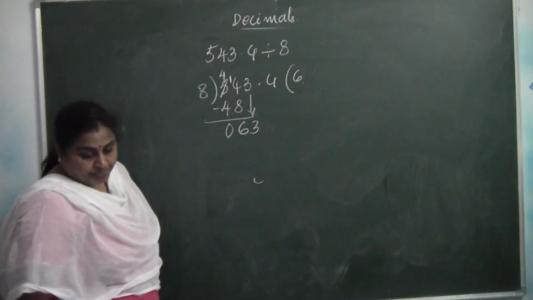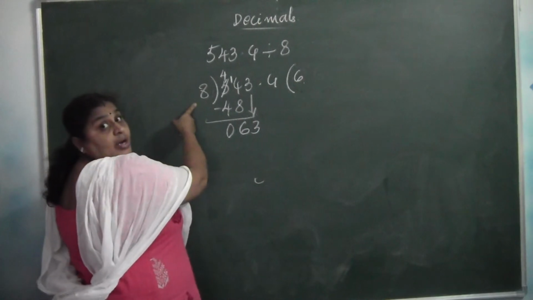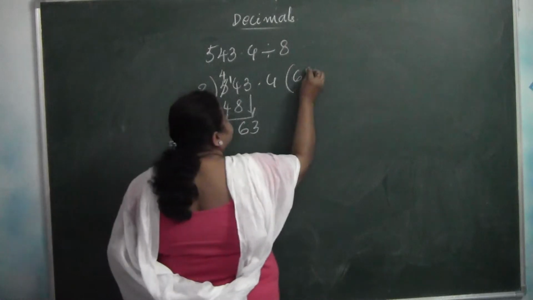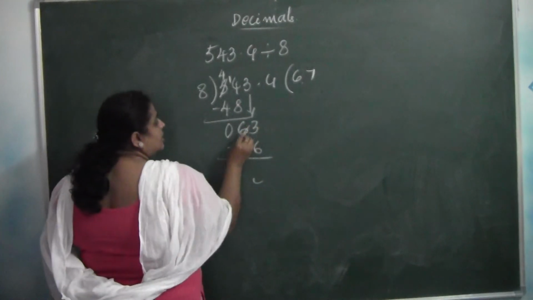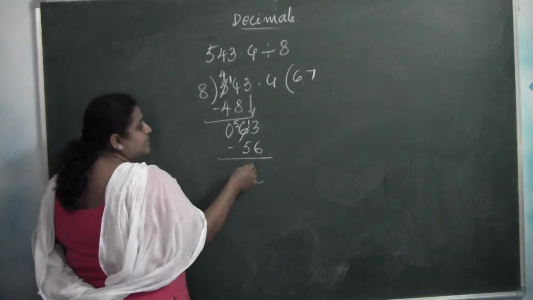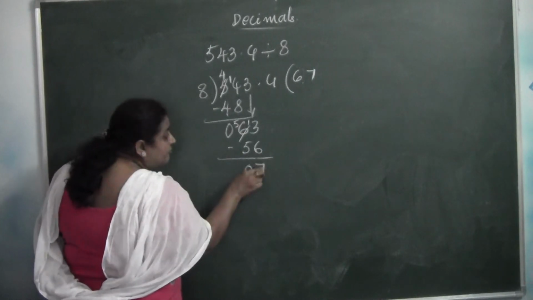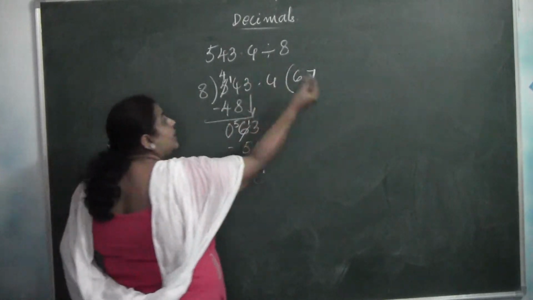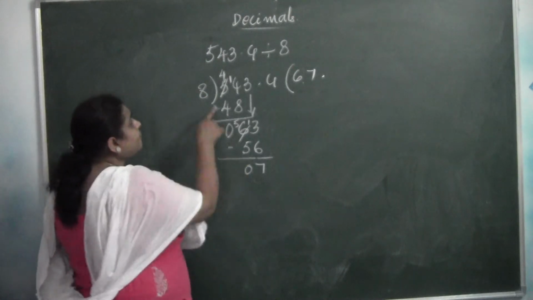Alright, next again, we are taking a borrow and then subtracting 13 minus 6, 7, 5 minus 5, 0. Then after this we have a decimal point. So what are we supposed to do? Immediately place the decimal point in the quotient.